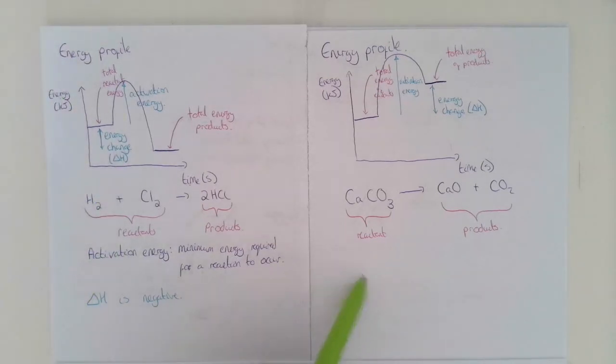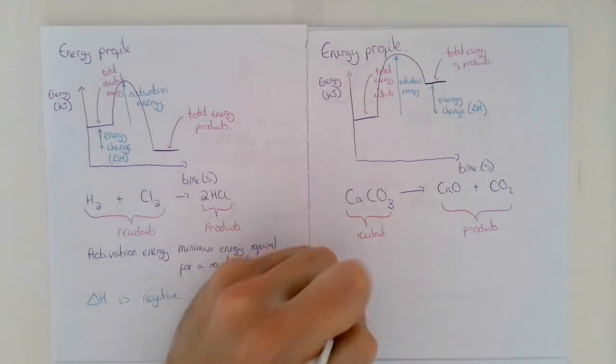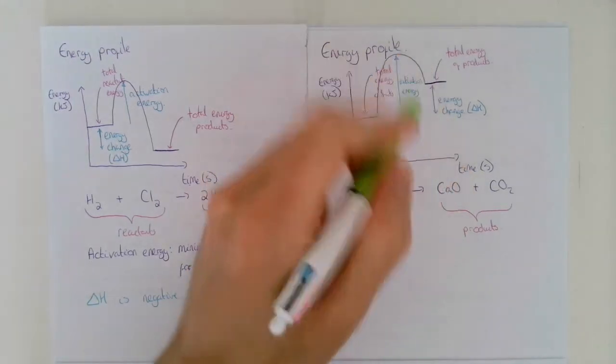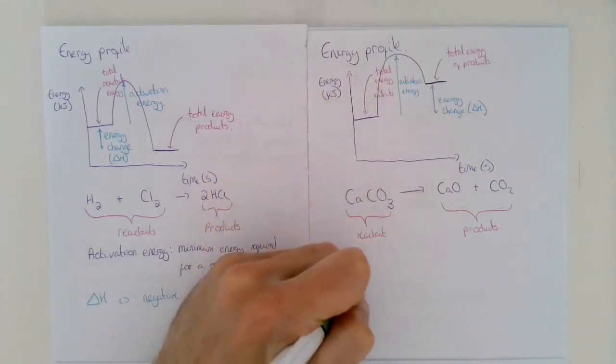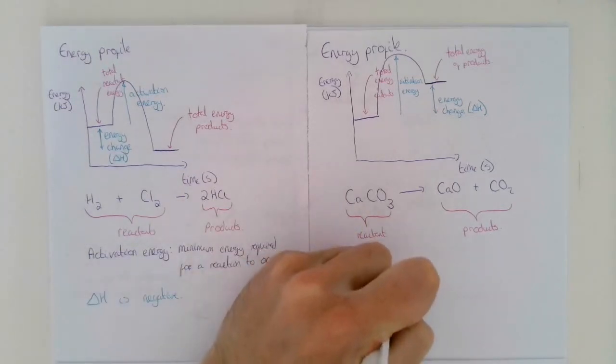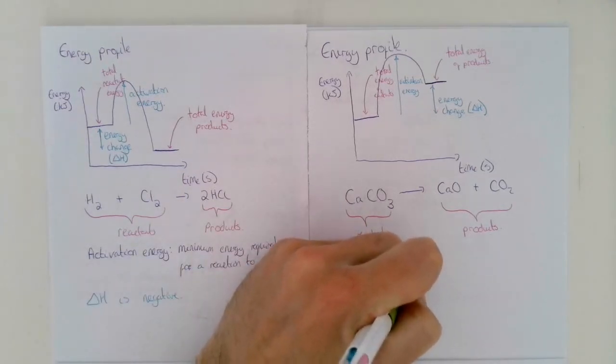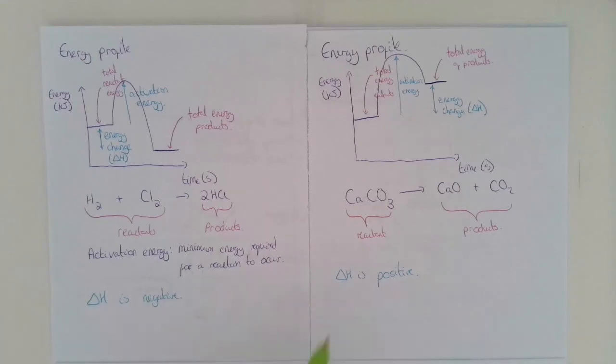And for endothermic reactions, look at delta H in this one, the energy change is positive, so the chemicals are gaining energy. Those are two key ideas which we'll build on in the next video.